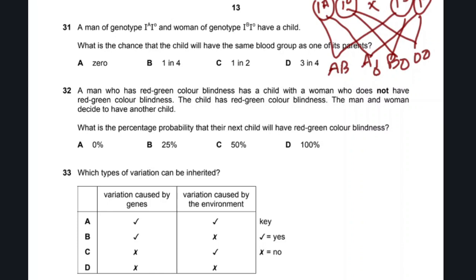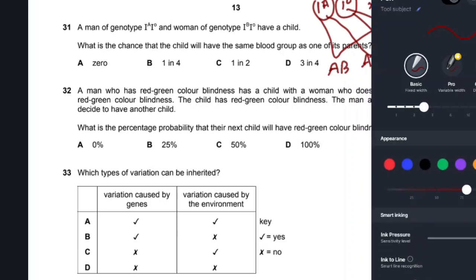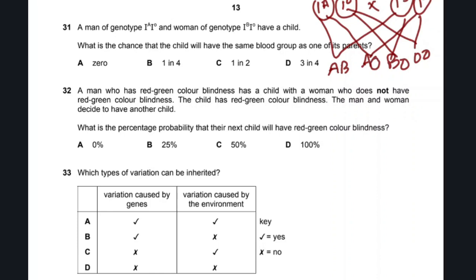If we look at the parents, they were AO and BO. So this is 1 out of 2, right?